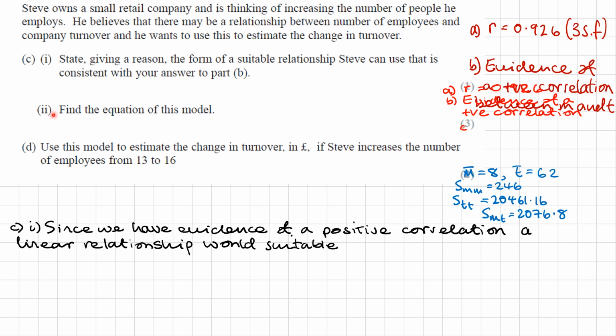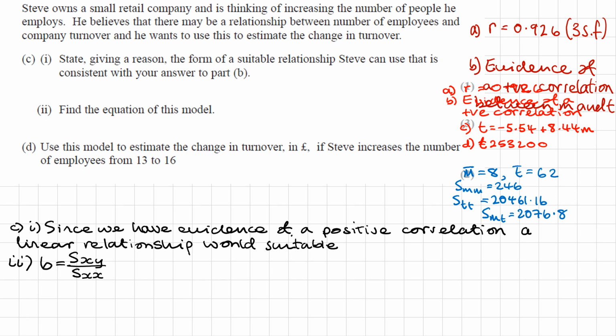Part 2 of Part C, find the equation of this model. Now I've added the summary statistics that we were given at the beginning of the question, and we can use these to find the equation of the model. From the formula book, b is equal to Sxy over Sxx.